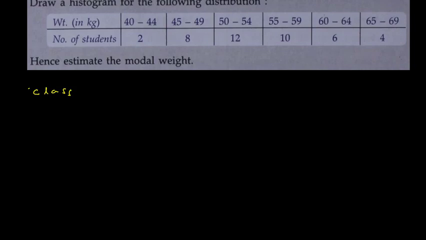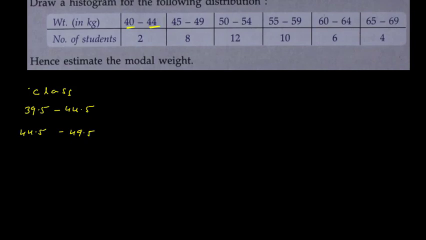If you see, there is a gap of 1, so you take half of that gap, that is 0.5, you add that 0.5 to this 44 and subtract it from this 40. So your class will become 40 minus 0.5, 39.5 to 44.5. Next will become 44.5 to 49.5.